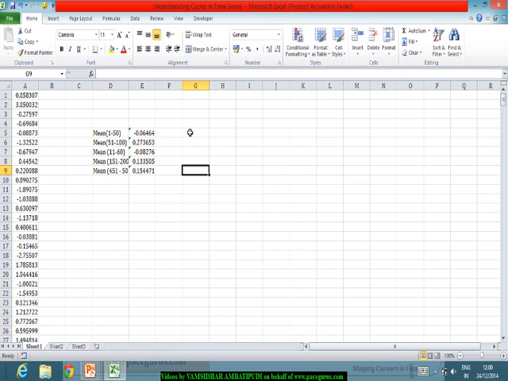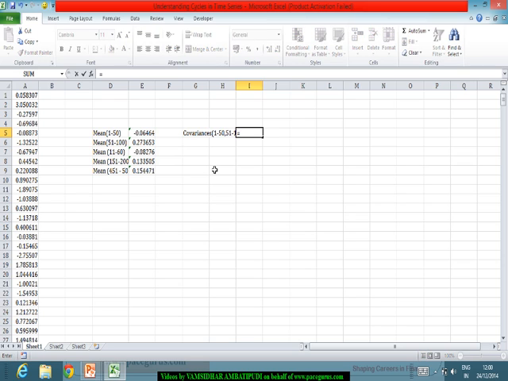Similarly, let me take the covariances. I'll take the covariance between 1 to 50 and 51 to 100, which means a lag of 50.